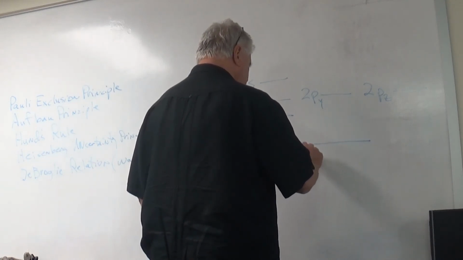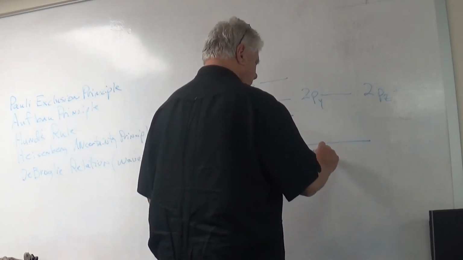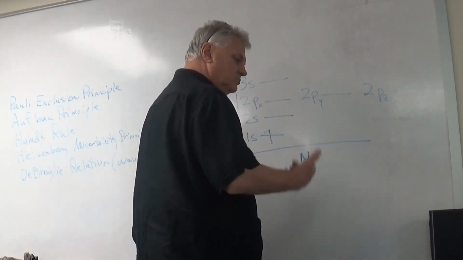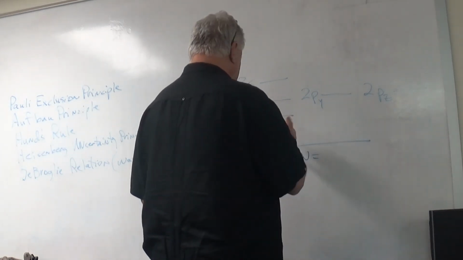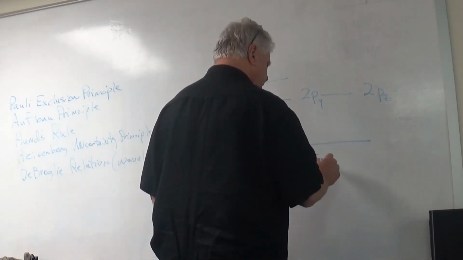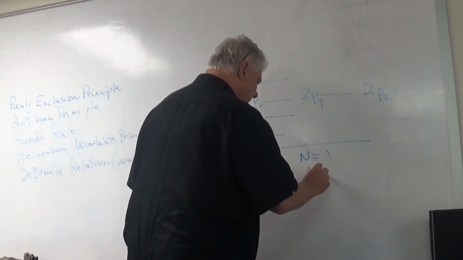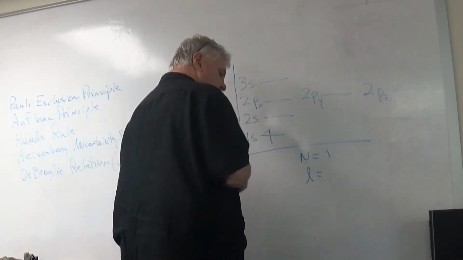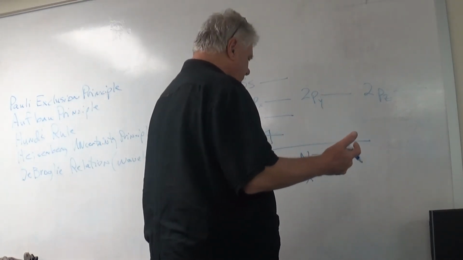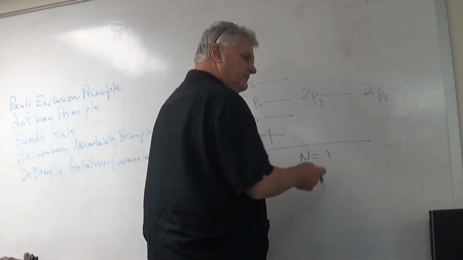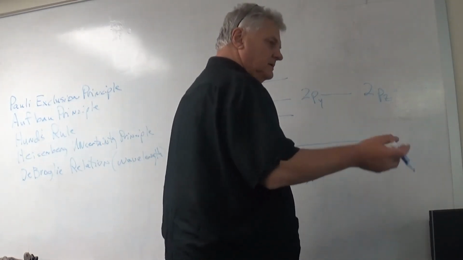We said that n has to be an integer 1, 2, 3, 4, 5. And so in this first energy level, n is equal to 1. We said l can be 0, 1, 2, 3, up to n minus 1, but if n is equal to 1, 1 minus 1 is 0.